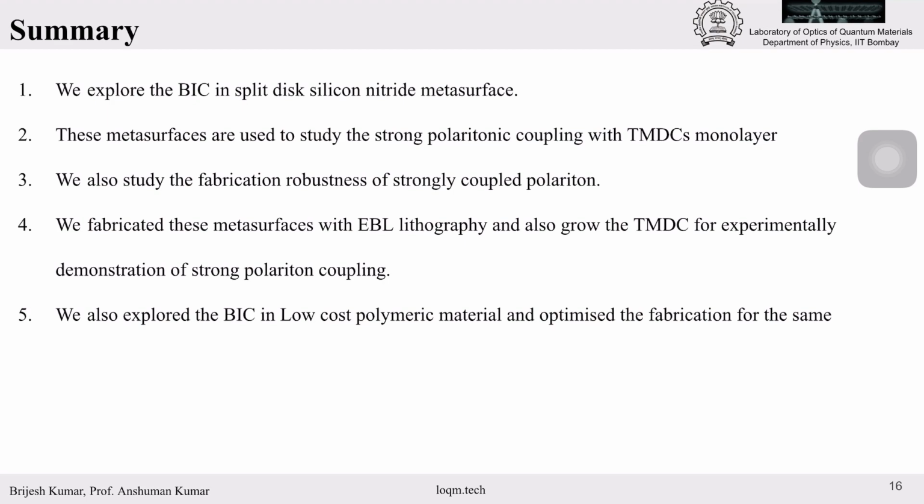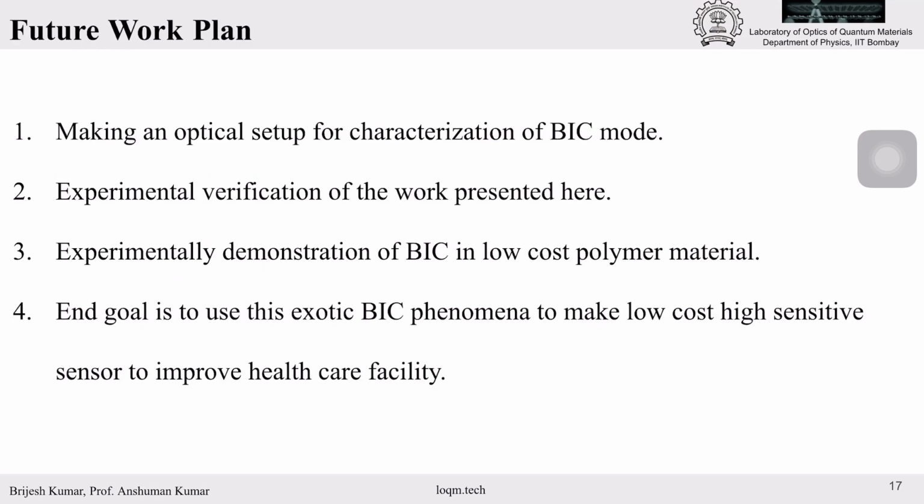We also explored the BIC in low cost polymer material and optimized the fabrication for the same. My future work plan this year is to build an optical setup for characterization of the BIC mode, experimentally verify the work presented here, which is theoretical only, and experimentally demonstrate BIC in low cost polymer material as well.